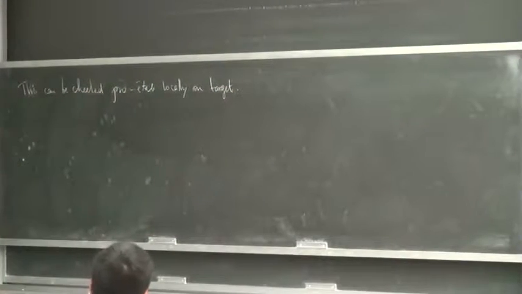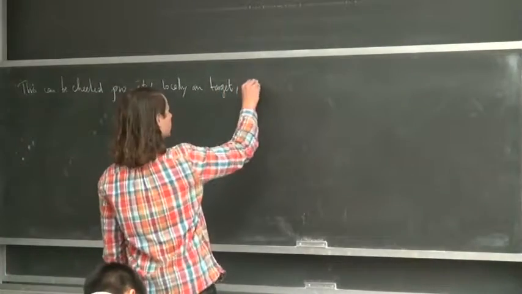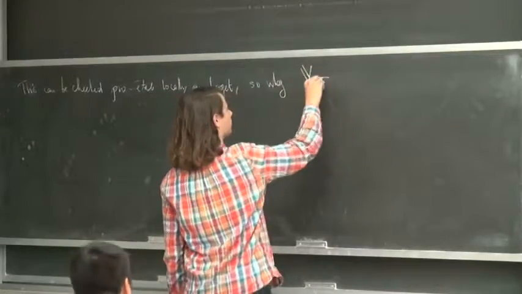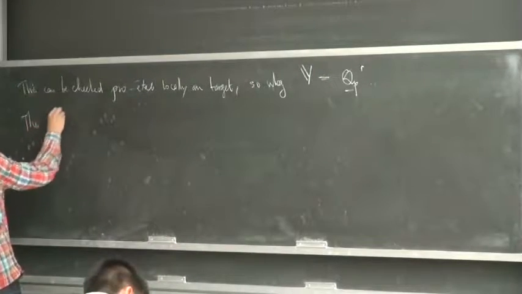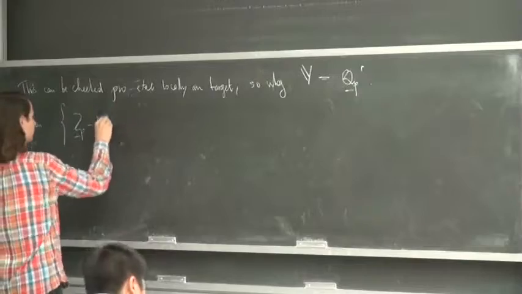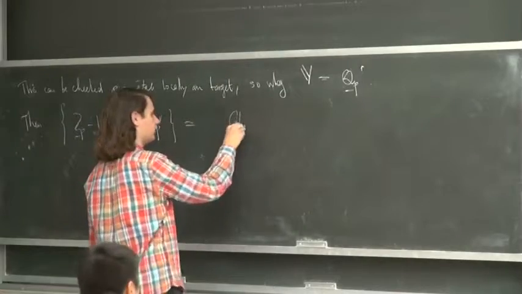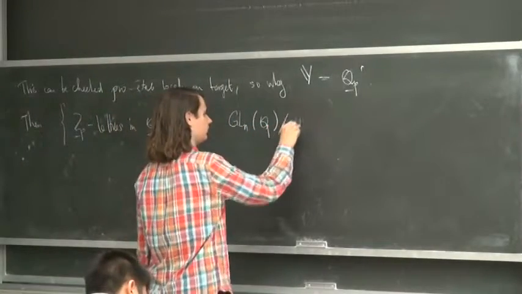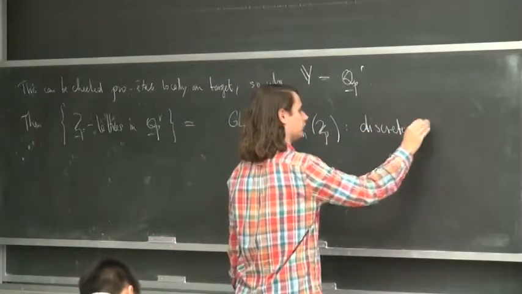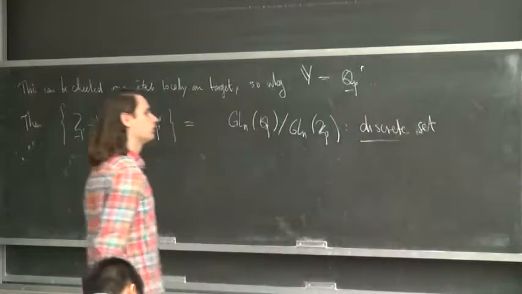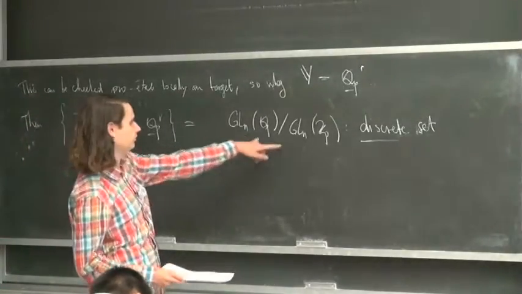Because a QP local system can be trivialized there, we can assume, without loss of generality, this V is just QP to the R, and then the set of ZP lattices in QP to the R is just the discrete set which is this quotient. So locally, the fibers are just GLn(QP) modulo GLn(ZP).